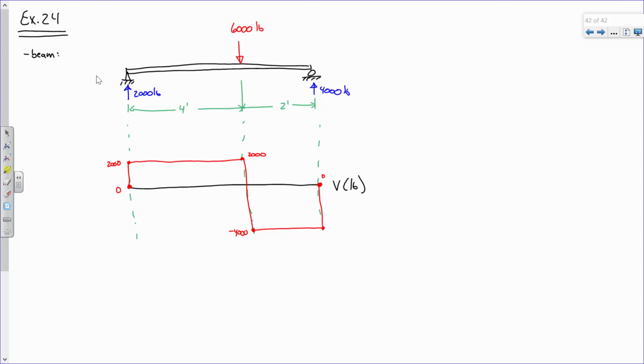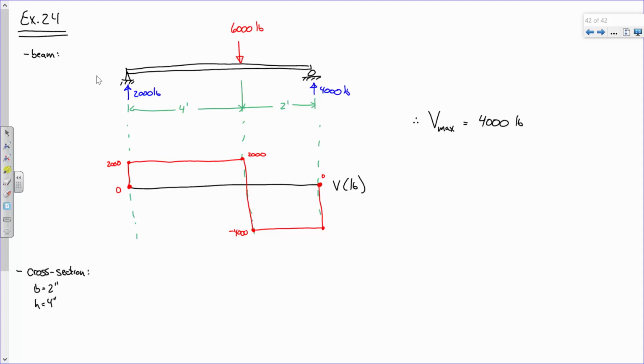So I propose that the maximum shear on this section is 4,000 pounds. And when it comes to shear, whether that's a positive shear or negative shear doesn't really matter. It's still the same force effect being applied to the beam. Now, for our cross section, we have a beam that is 2 inches wide, and the height is 4 inches.